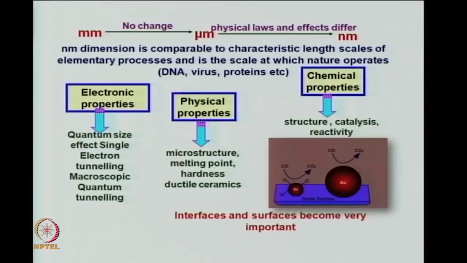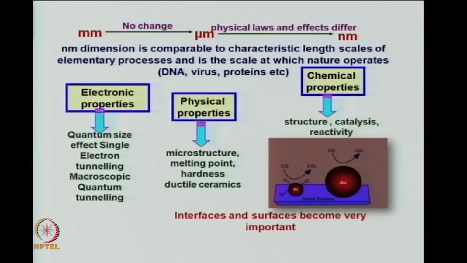So, just to again summarize what is happening as we are going from large sized particles to small sized particles. If you go from a millimeter sized particle to a micron sized particle, there is not much change in the laws of physics. The physical laws are more or less same.